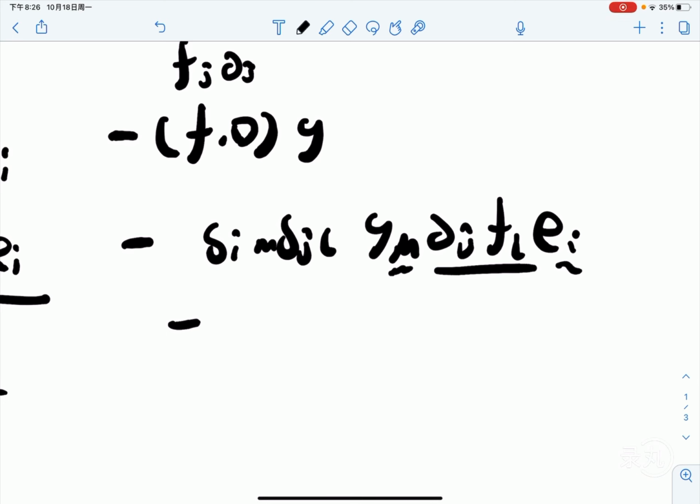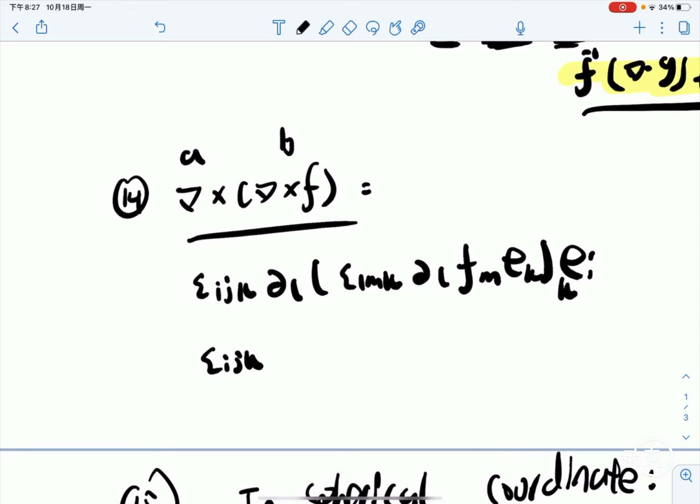Let's move on to a more complicated one, or I think this one is kind of simple. So it's basically epsilon_IJK, like we treat this one as A and B, of epsilon_LMK, ∂_L, and this is basically equal to epsilon_IJK epsilon_LMK.